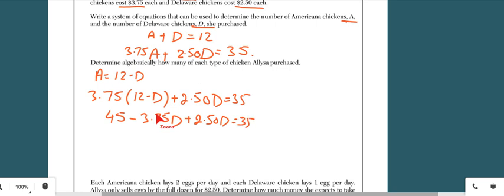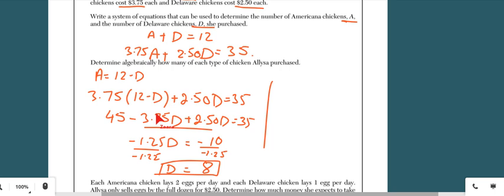I am subtracting 45 from both sides and I am also adding these two numbers. So I will get negative 1.25D is equal to 35 minus 45, which is negative 10. Okay. Now let's divide both sides by negative 1.25. So D will become equal to 8. It is positive 8.